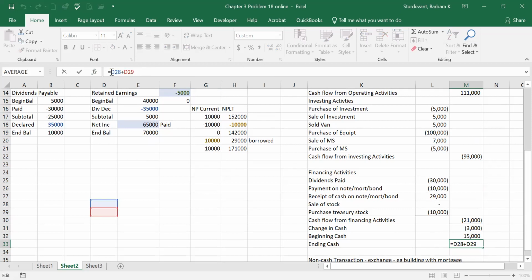That's why. So this 3,000, that was the answer we were supposed to get because that was the change from the beginning cash to the ending cash. This is what you put on to make sure that it actually worked.